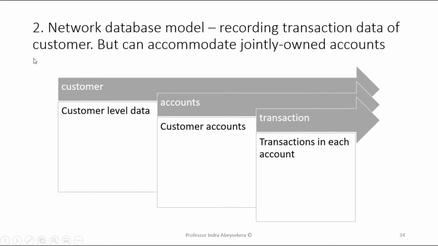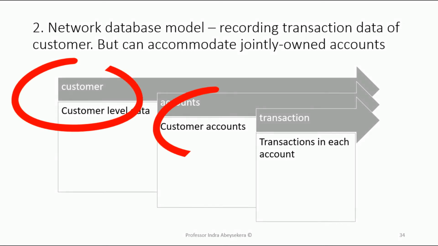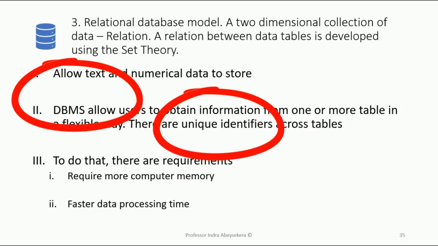In a network database model, it could have customer level data to start with, then customer accounts, and then under each account, there could be various transactions showing in each account.